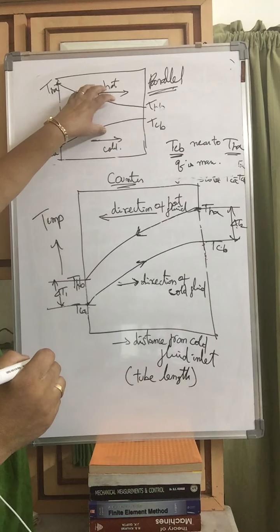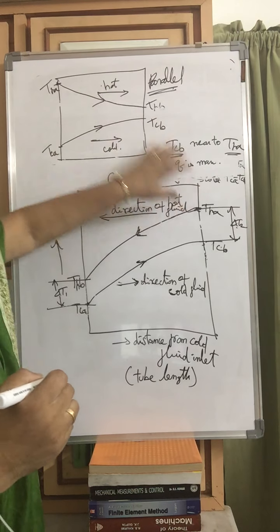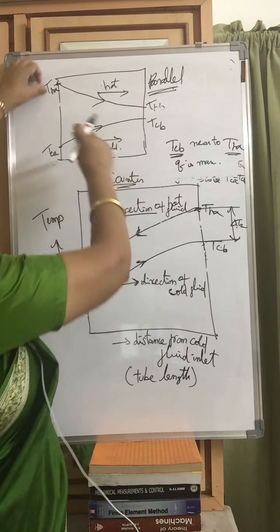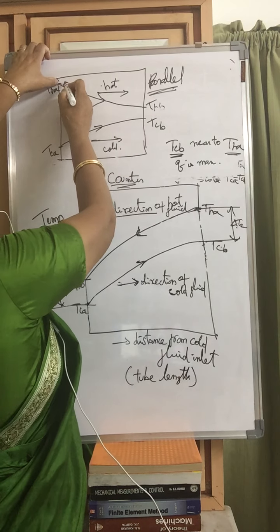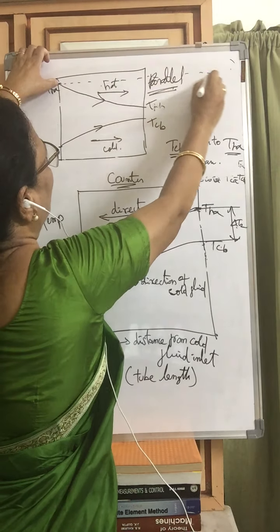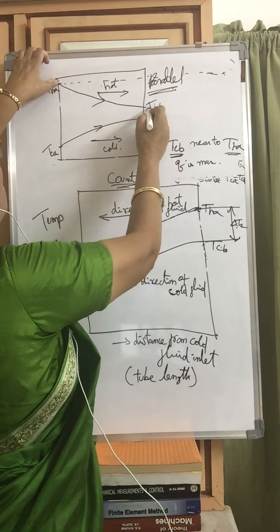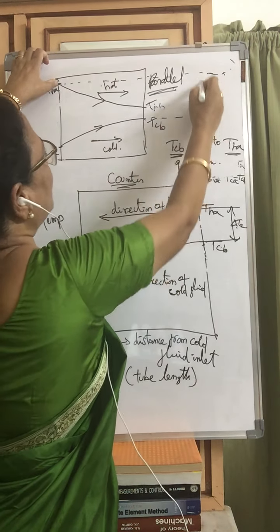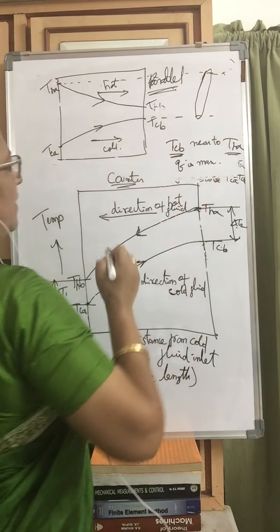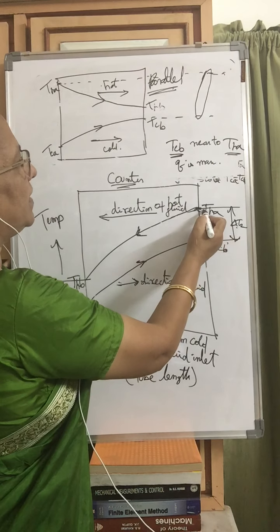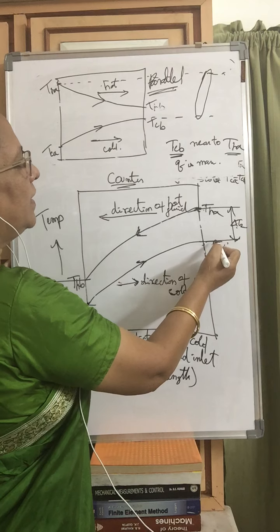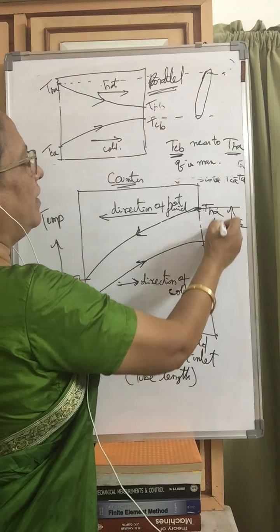So in which case is Q maximum? Here, this is THA and this is TCB, so this much difference is there. When you come to this one, this is THA and this is TCB, and this is the difference.